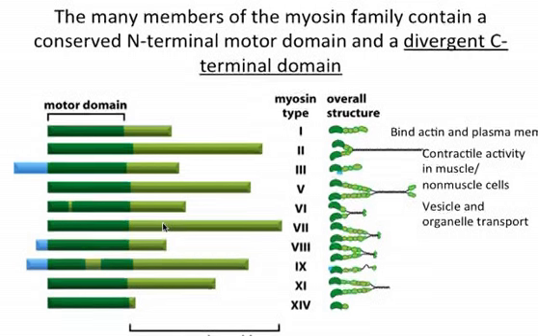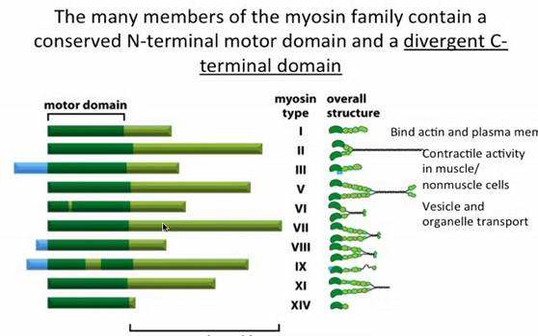Okay, so there are many members of the myosin family. It's not just one, and they're part of the same family because they all contain a conserved N-terminal motor domain, and it's their C-terminus that's divergent. So they all have this motor domain. You can see right here the sequence is similar among all of these different myosins in the motor domain.